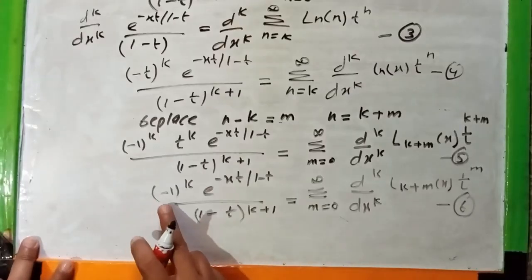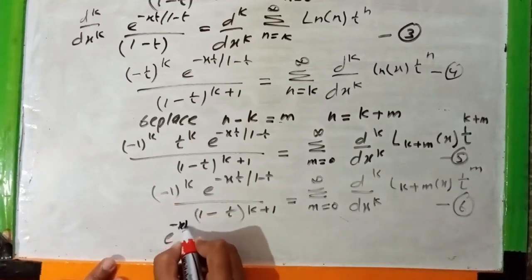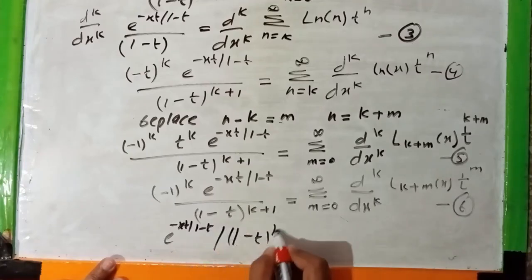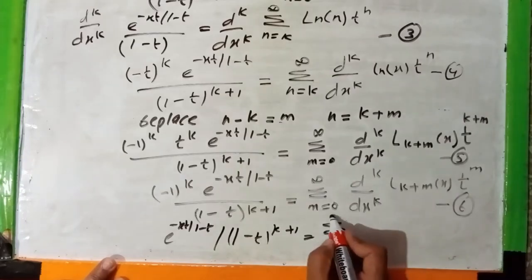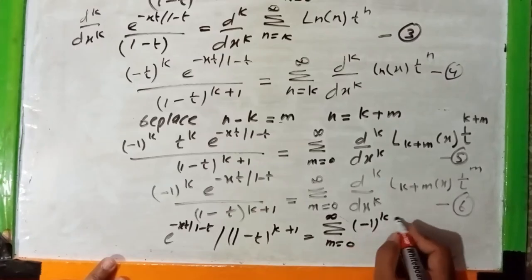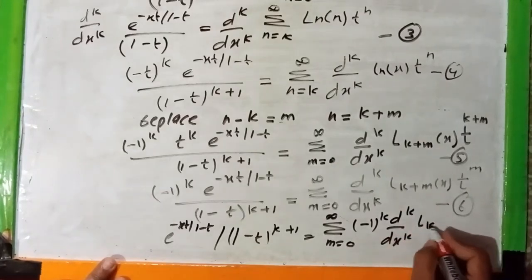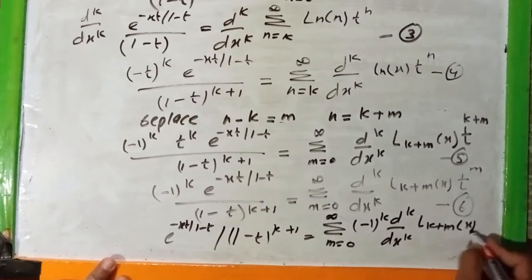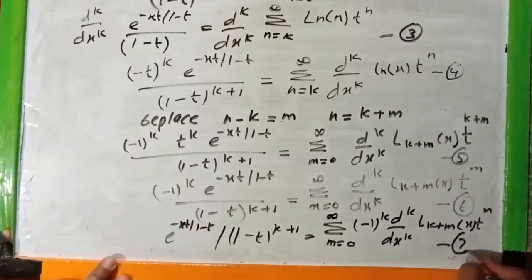So we take (-1)^k to the right hand side, so this becomes e^(-xt/(1-t)) / (1-t)^(k+1) is equal to summation m = 0 to infinity (-1)^k kth derivative of L_(k+m) with respect to x, t^m. This is equation number 7.